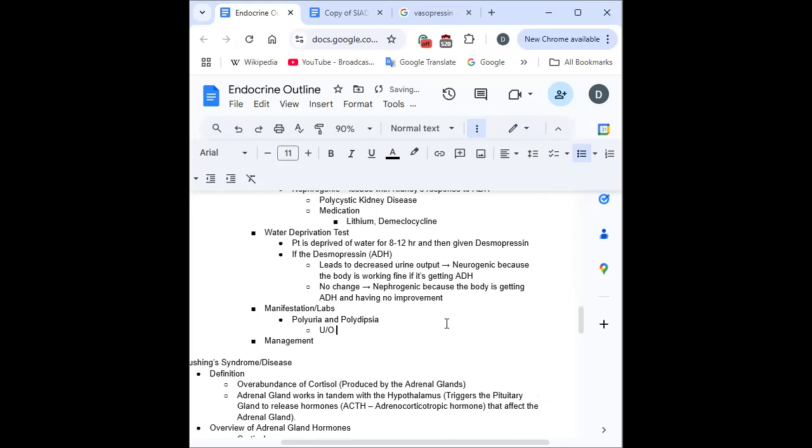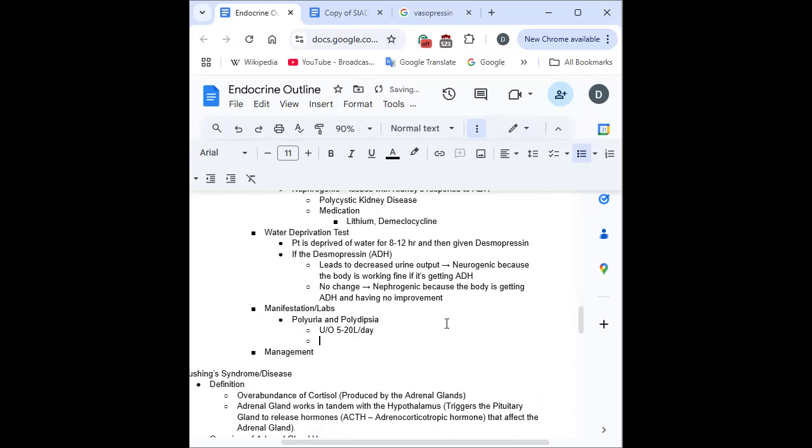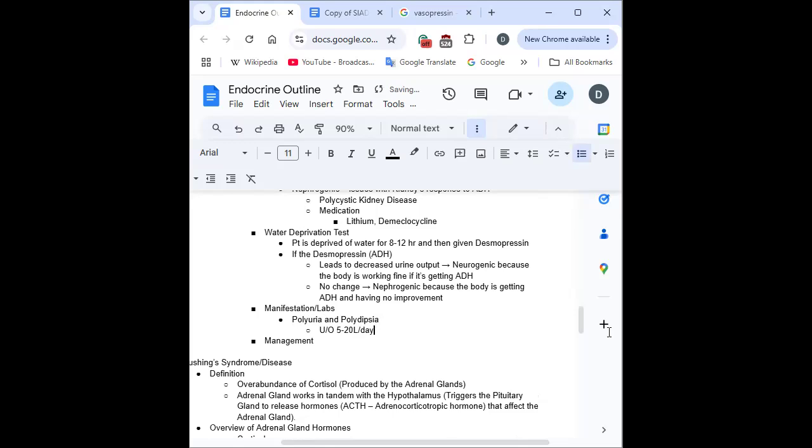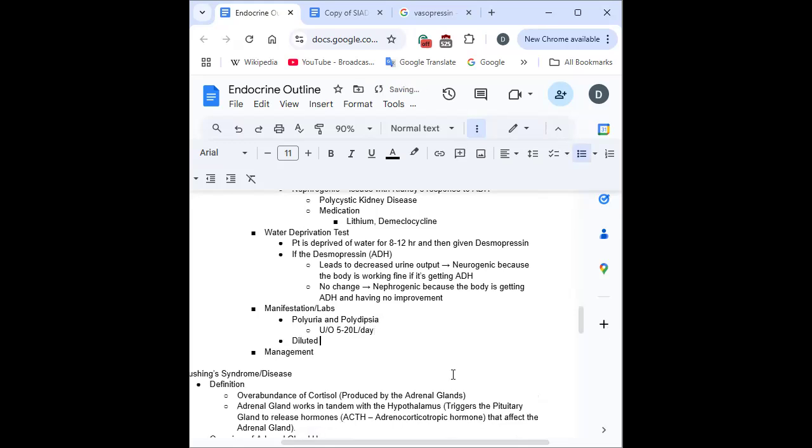So on average, the urine output, this person's going to be peeing a lot, 5 to 10. Don't bother memorizing the exact number, but just get an idea that that's a lot. They're going to have diluted urine, because they're peeing so much.